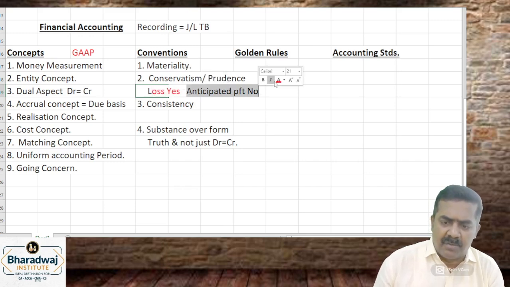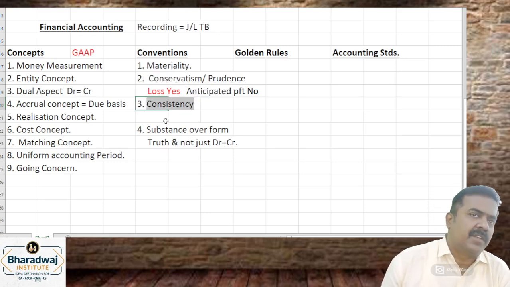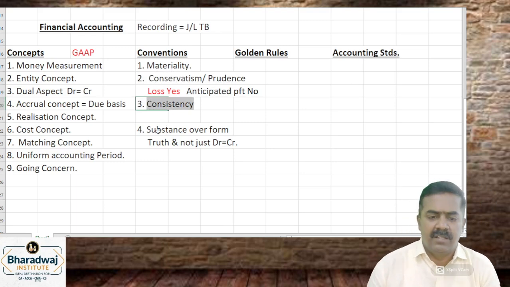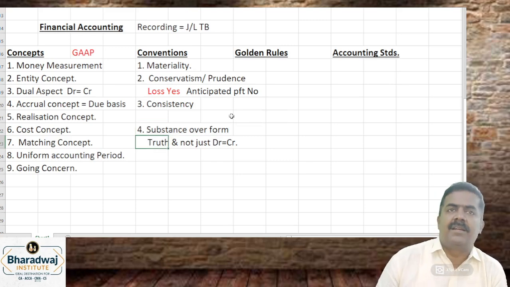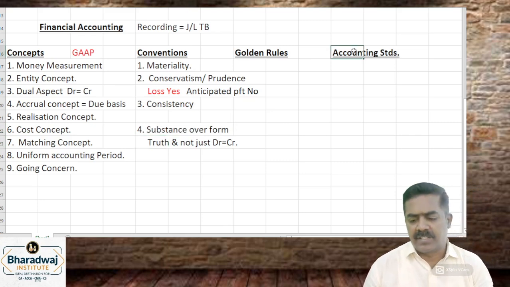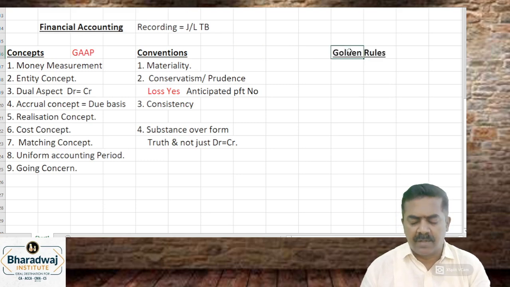If profit is coming next year, you should not record it. But sir, if there is a possibility of loss, provide for it today itself. Don't change rules, policies, maintain consistency. Substance over form. Truth should be presented. Accounts is not just a form of what? Debit and credit. Accounting standards we are not going to learn at the foundation level. It will be at your intermediate level. What is the next one?